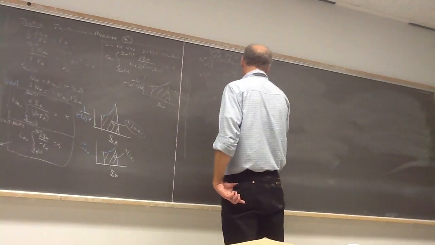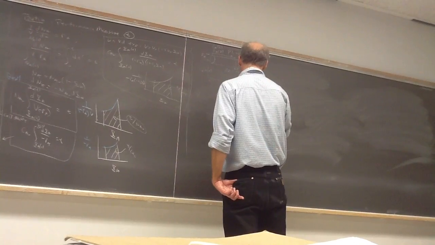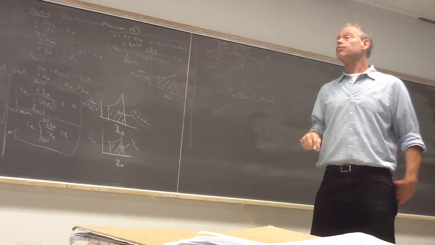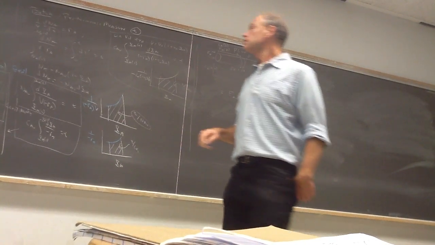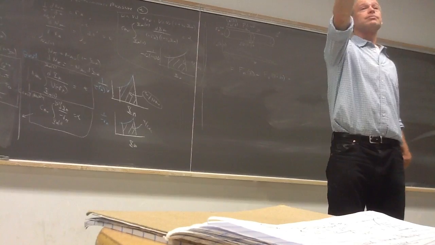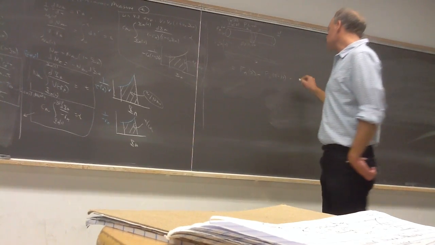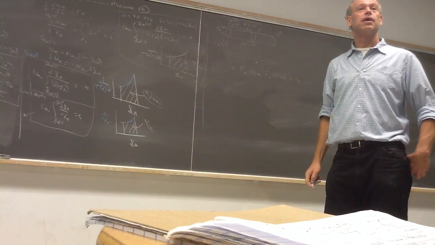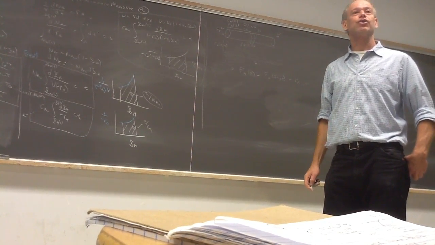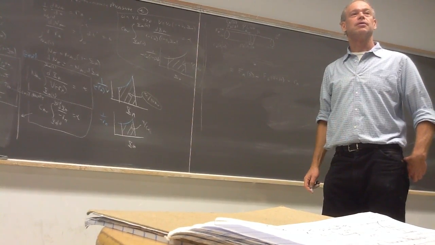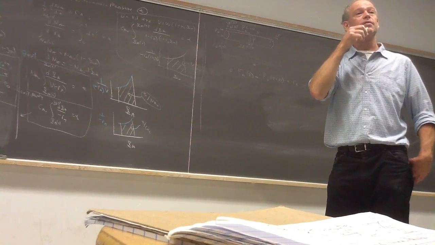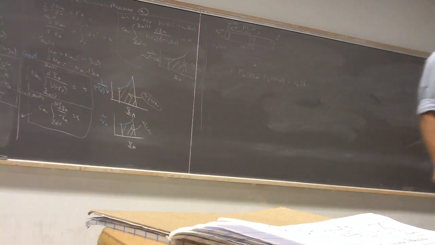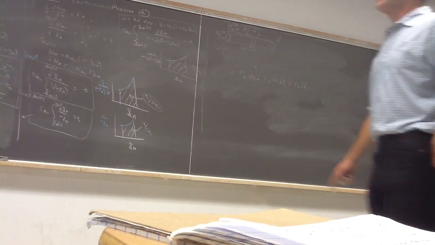FA of z plus dz. How about the rate of production of A in this small regime? RA times dV. RA times dV.